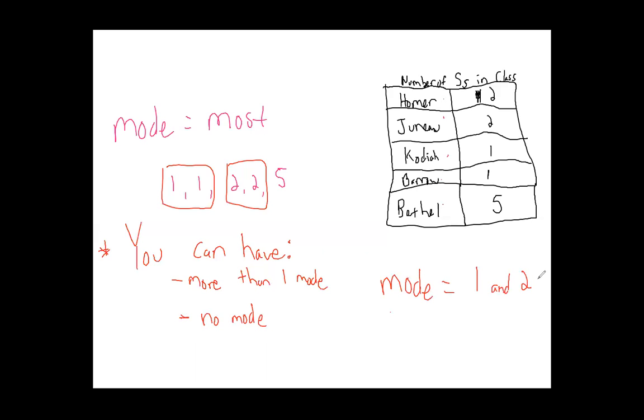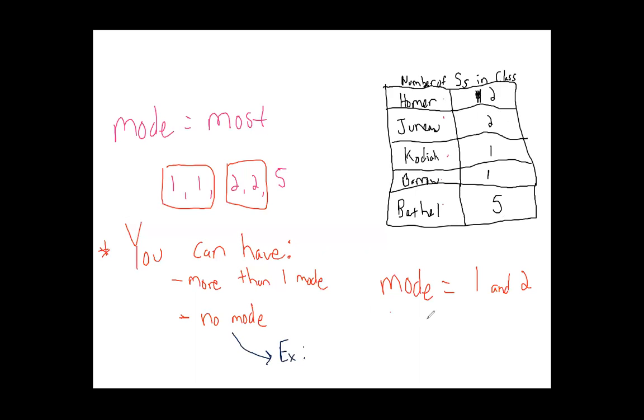Can you show us an example where there would be no mode? Yes. So Ryan in Juneau wants to see an example with no mode. Imagine Barrow's not here, and Juneau's not here.